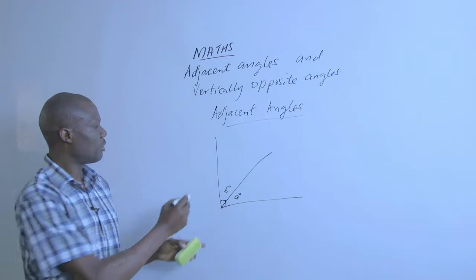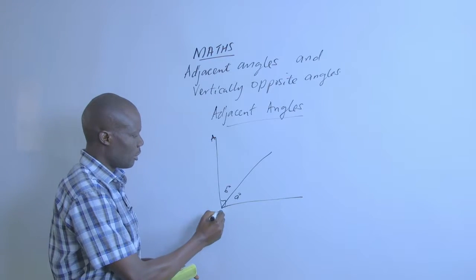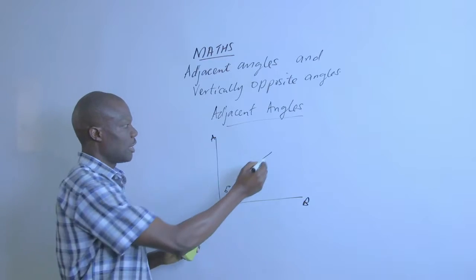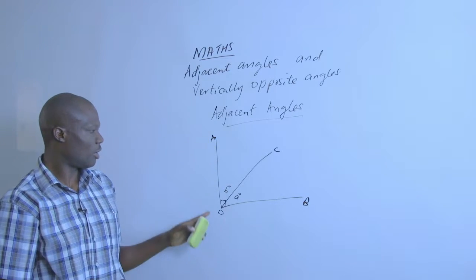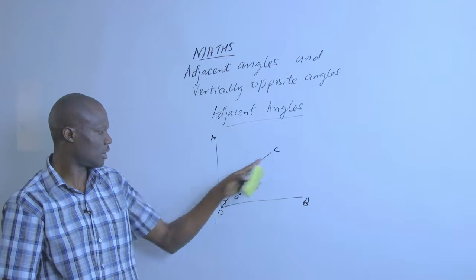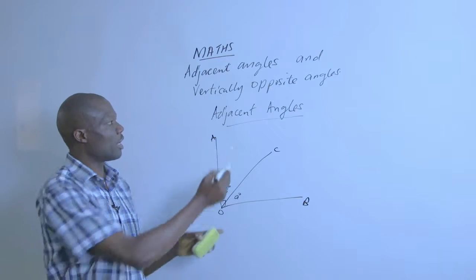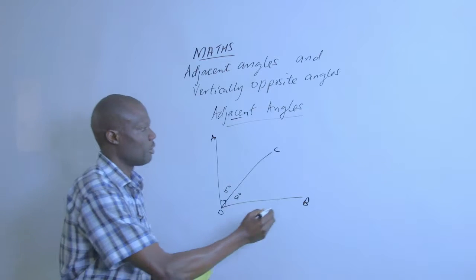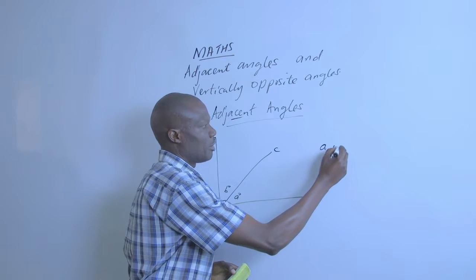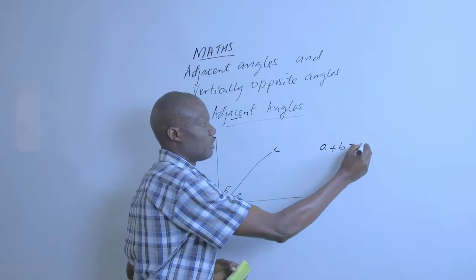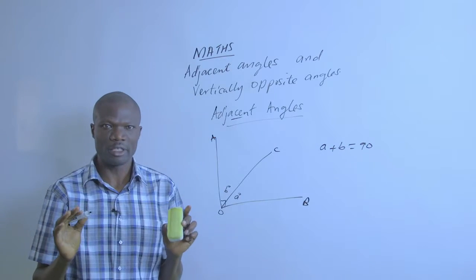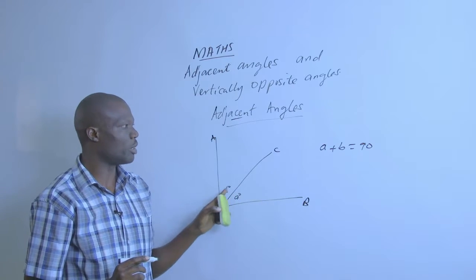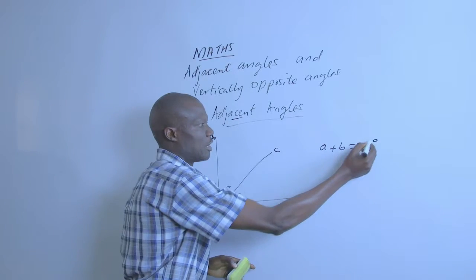We have the angle A or B as 90 degrees, and then angle A or C and angle C or B are adjacent angles. So these two angles, we find that A plus B should give us 90 degrees. The adjacent angles A and B gives us 90 degrees.